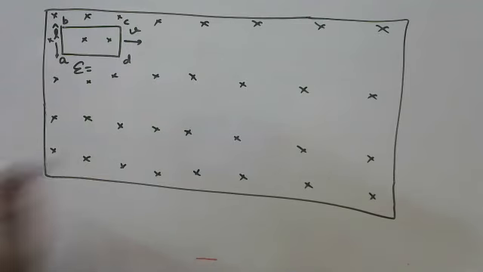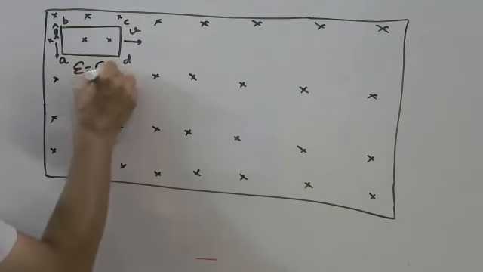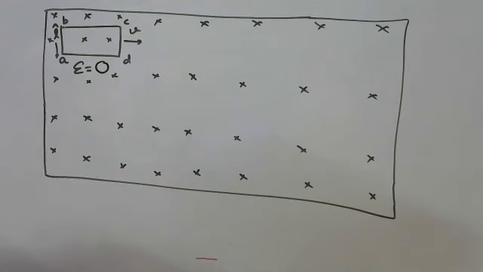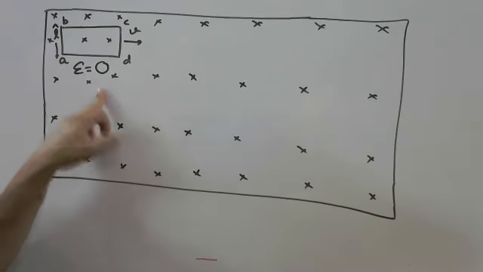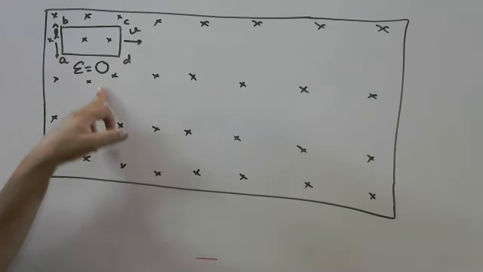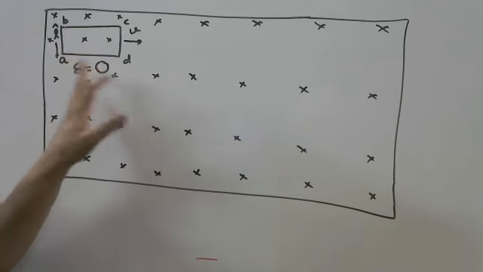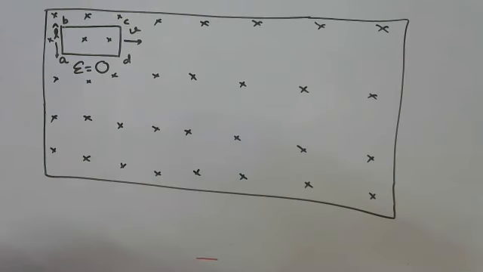If there is no change in the flux linkage, then no induced EMF develops as per the Faraday law. Induced EMF becomes 0. Why 0? Because there is no change in the flux linkage.